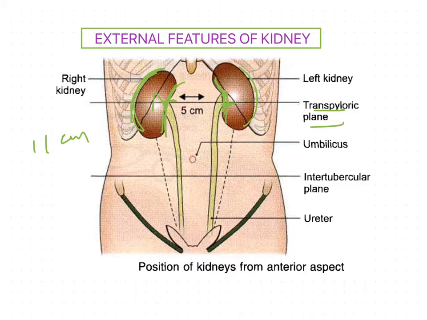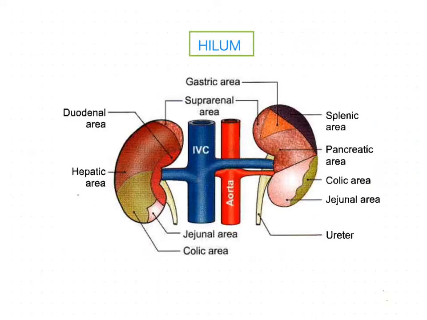Now we will see the structures which pass through the hilum. This is the right kidney and this one is the left kidney. What structures pass through the hilum? This is the hilum. Here you have to remember the structures passing from anterior to posterior. This one is the anterior surface. The first structure passing through the hilum anteriorly is the renal vein.